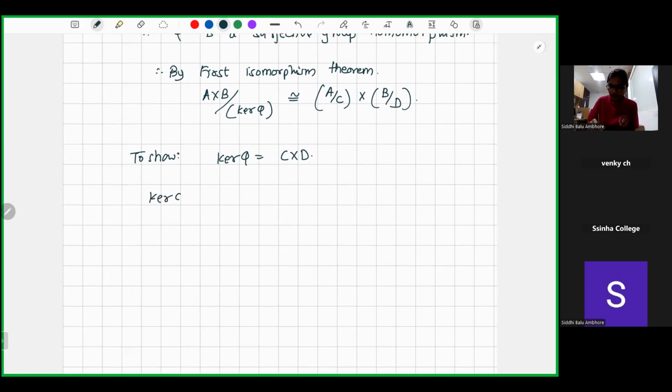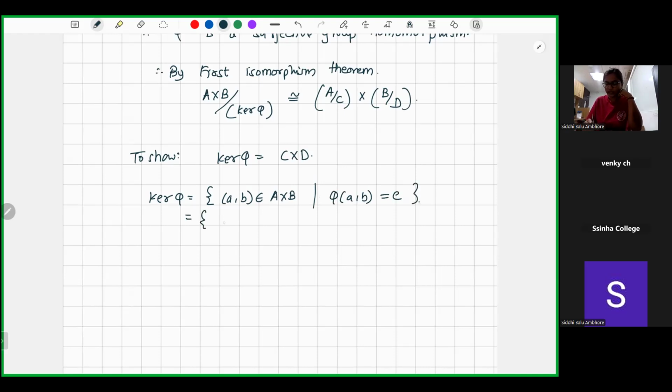What is the kernel of phi? The kernel of phi is all those (a, b) in A cross B such that phi of (a, b) is the identity.